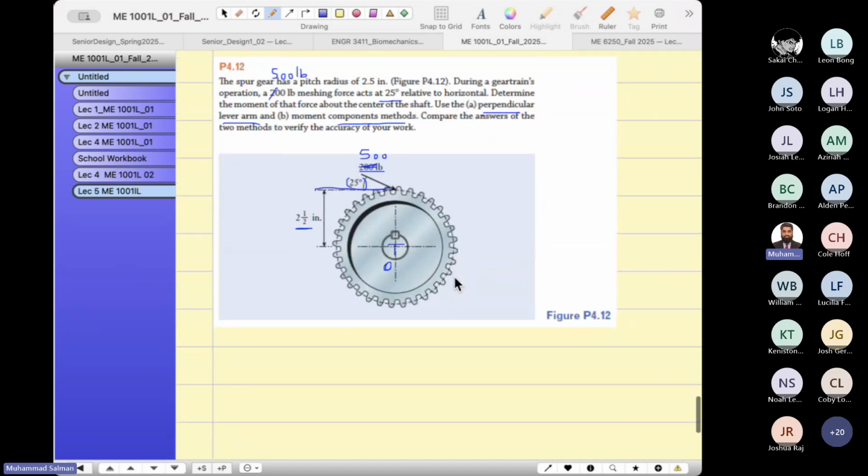So I'm going to extend this line. This is the lever arm, the perpendicular lever arm. This distance is 2.5 because it is the pitch radius. This is the angle. This F equals 500.